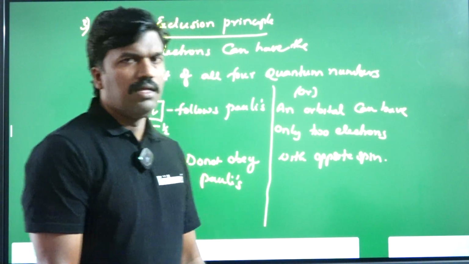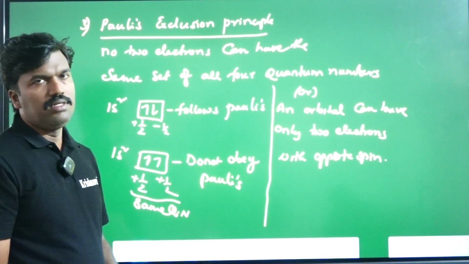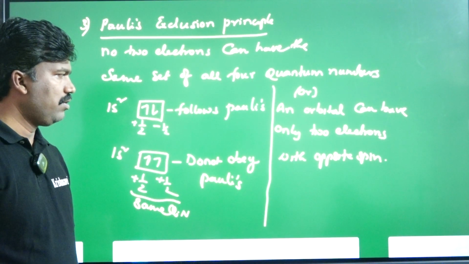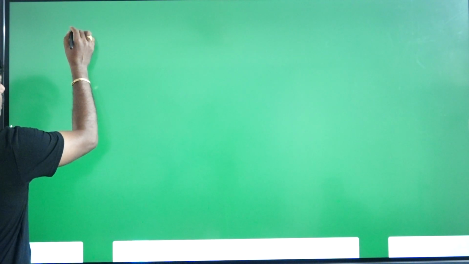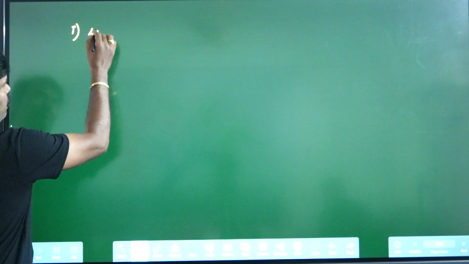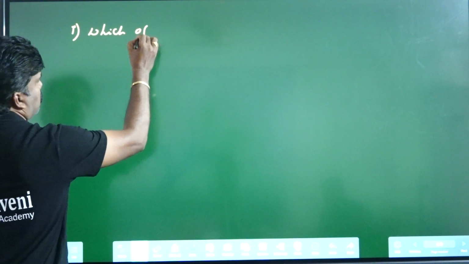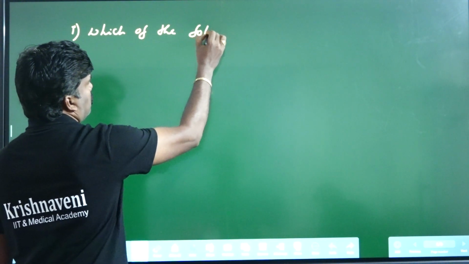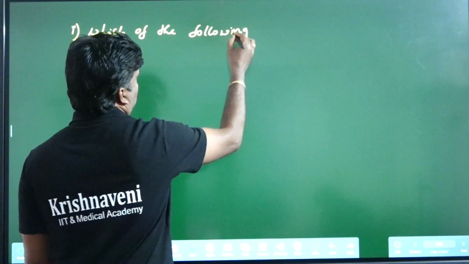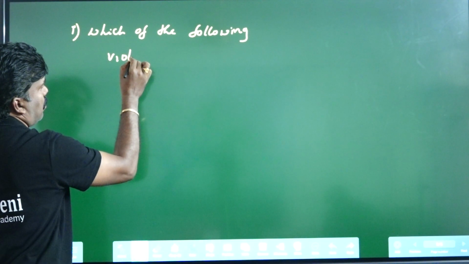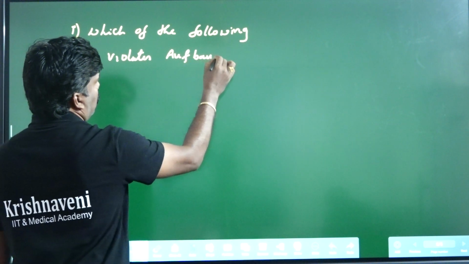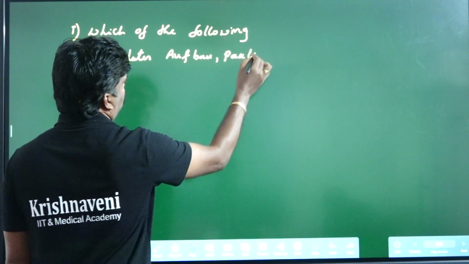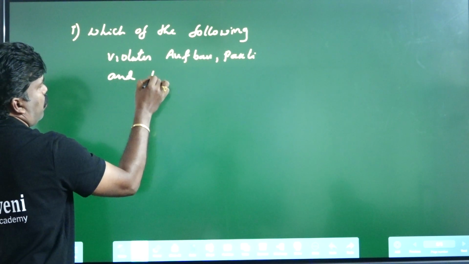Okay. Now these 3 are the rules, and let us do some objective questions. First question: which of the following violates Aufbau, Pauli and Hund's rules?